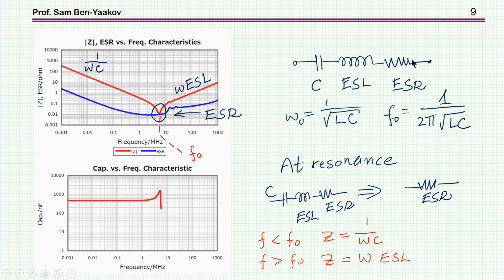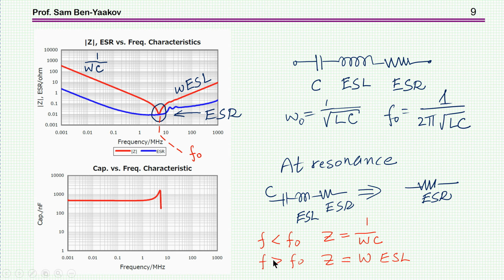Now this structure has a resonant frequency. This is the angular resonance. This is the frequency 1 over 2 pi square root of LC. And at resonance, of course, the reactance parts are canceling each other, so you are left with ESR. And at frequencies which are below resonant, the ESL impedance is very low, and you see the capacitor, which is the highest impedance here as compared to these two.